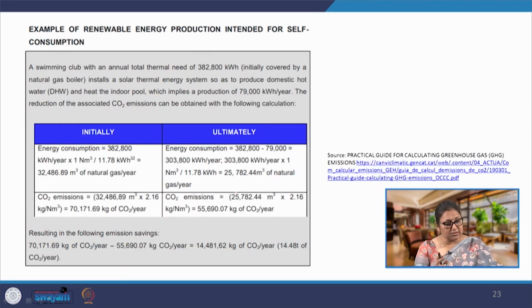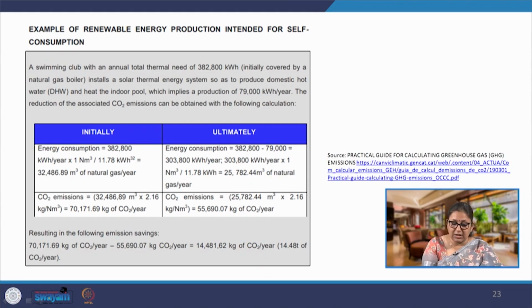Similarly, another example is a swimming club, where the heating of water was happening earlier through a natural gas boiler, and now they have installed a solar domestic hot water system, which supplies some percentage of the total energy that is required.